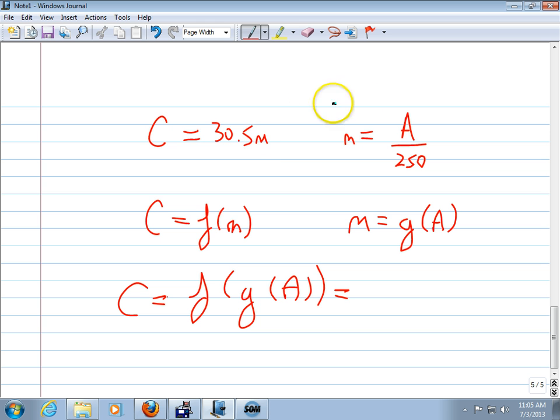So whatever n equals, I'm going to plug that in for it. So I'm going to say it's 30.5 times n, but n is a over 250. And that one function goes straight from a, the square footage I'm painting, to C, the number of dollars I'm spending.